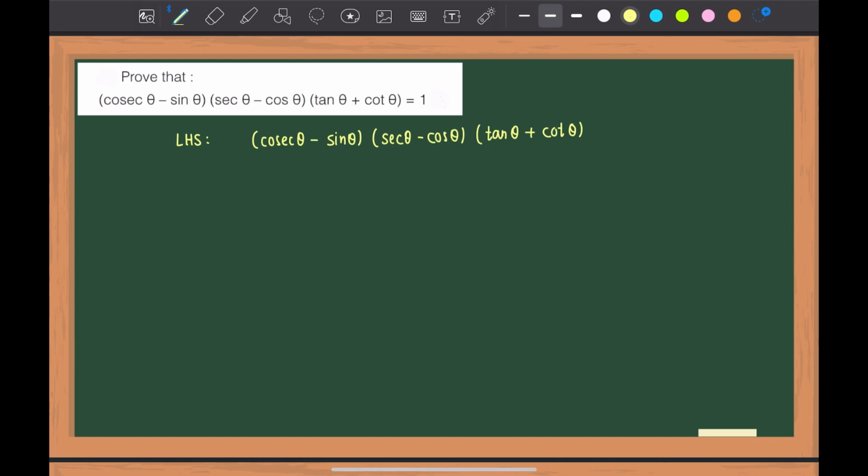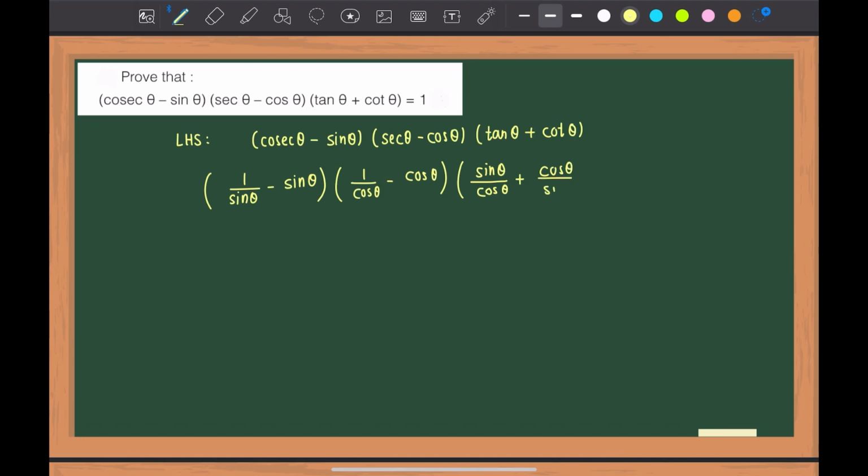Change all of these in terms of sine and cos. So we can write 1 by sine theta minus sine theta, this thing as 1 by cos theta minus cos theta, and this as sine theta upon cos theta plus cos theta upon sine theta.